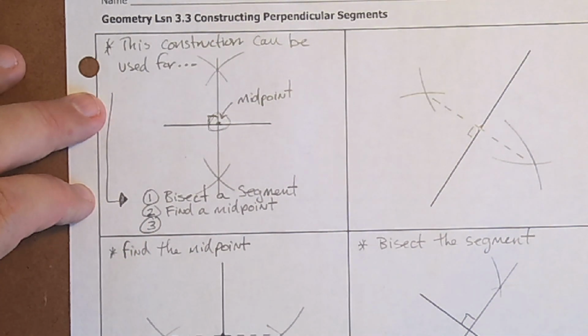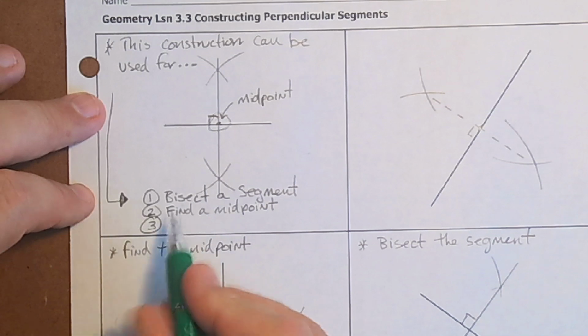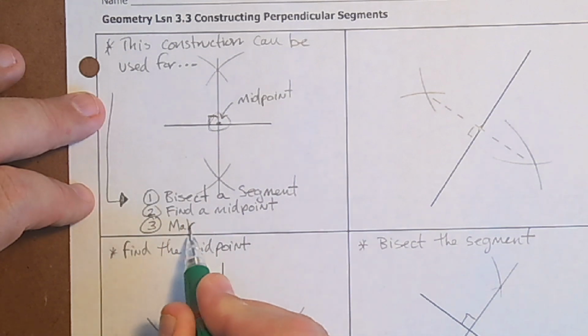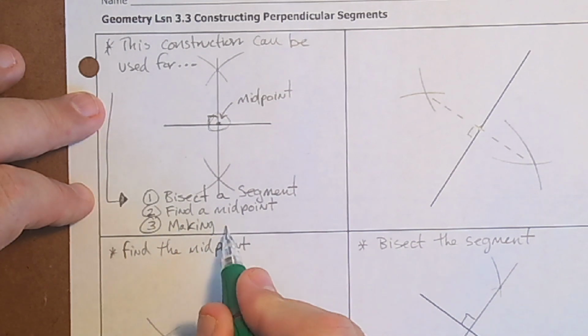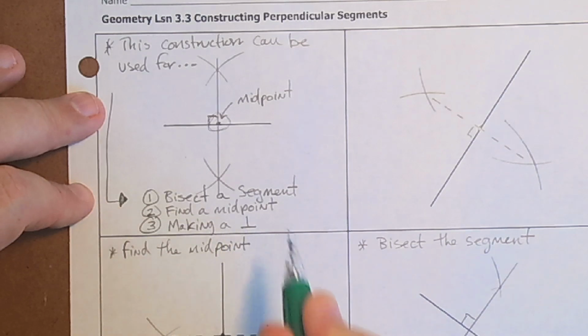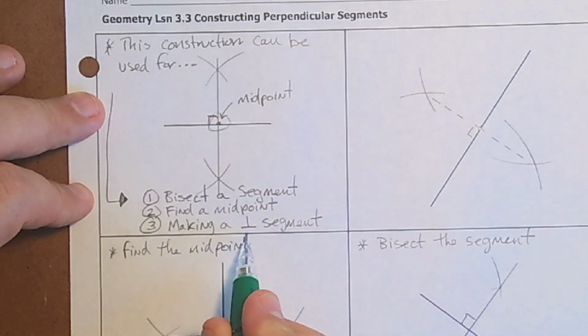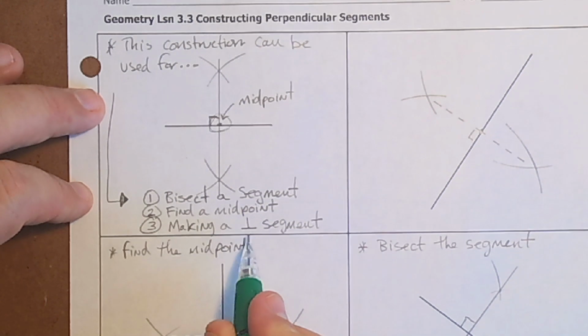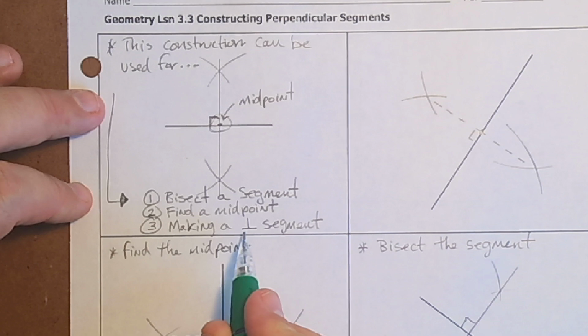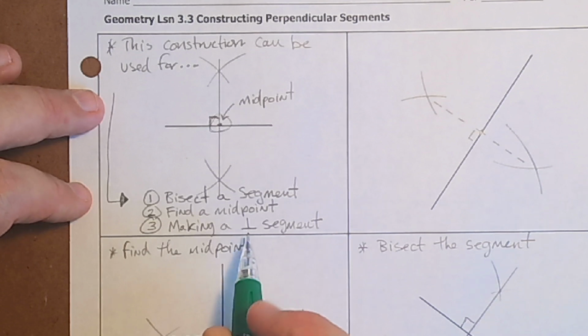All right, so there's a third thing we can put on our notes here that this construction does for us. It's good for making a what kind of segment? What does that symbol mean? It's got a special word. No, not congruent. Perpendicular.